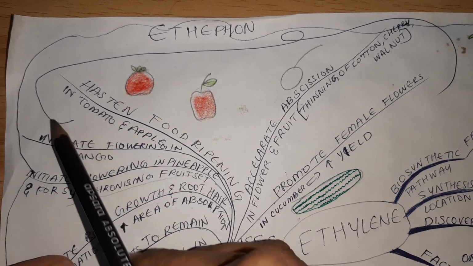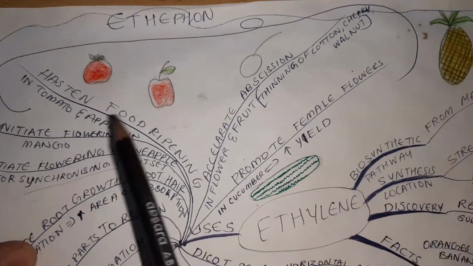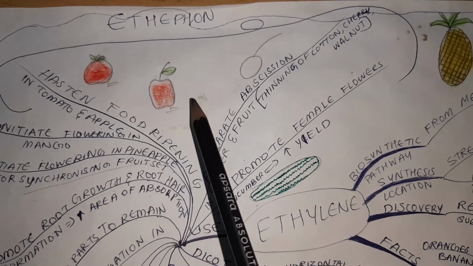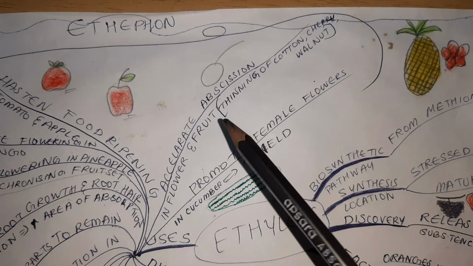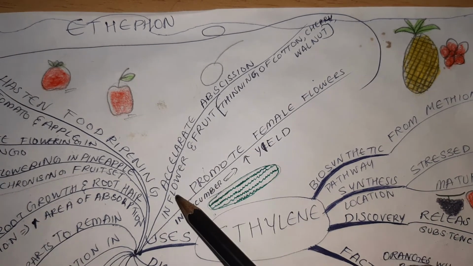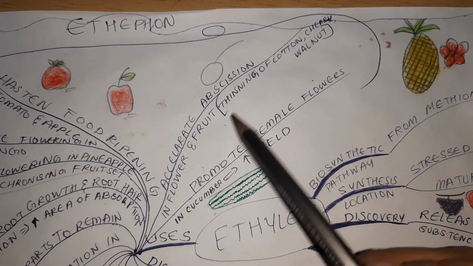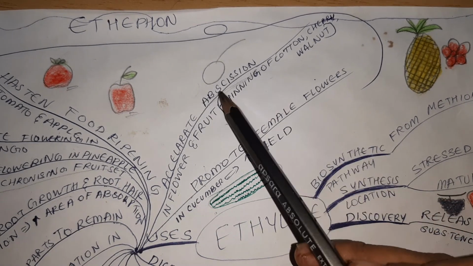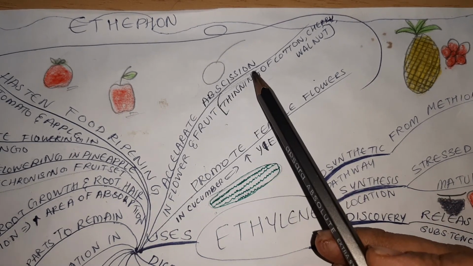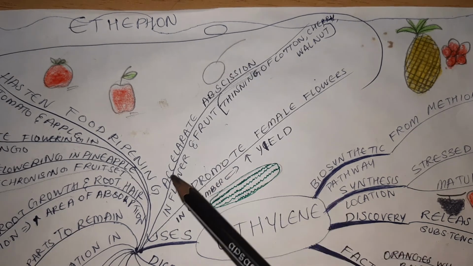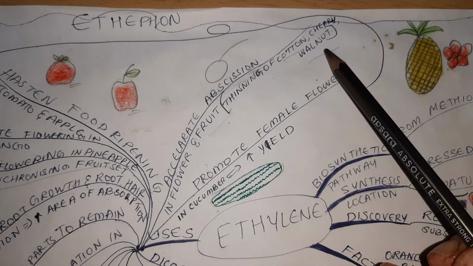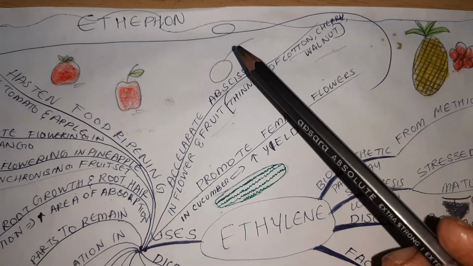Mostly ethophone is used in these conditions. In fruit ripening of tomatoes and apples, ethophone is used. It also accelerates abscission in flower and fruit, thinning of cotton, cherry and walnut. When abscission, that means the old age, the faster ripening, is seen in flowers and fruits of cotton, cherry and walnut, this is also with the help of ethophone.